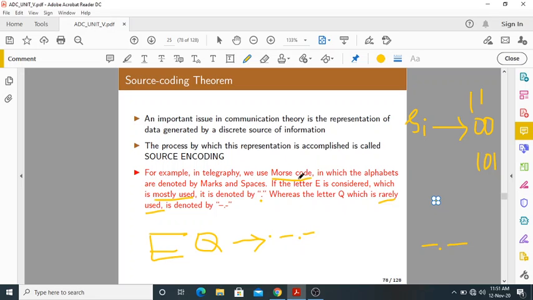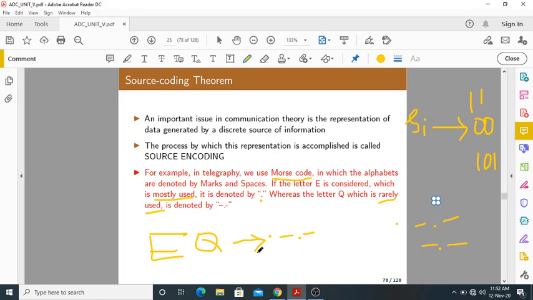But for each and every letter there is a corresponding code word. So for E we are using the shortest code word. What is the code word for E? Simply dot. For Q we are using dash, dot, dash. So a symbol or alphabet which occurs very rarely is given the longest code word.